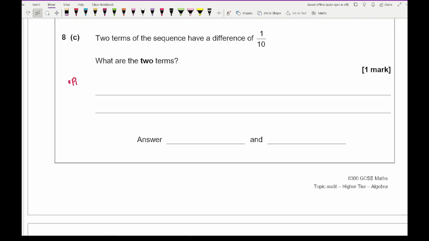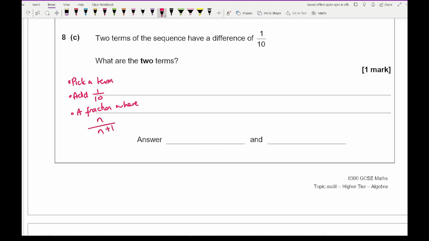So pick a term, add 1 over 10, and then what you're looking for is a fraction where you have n over n plus 1.